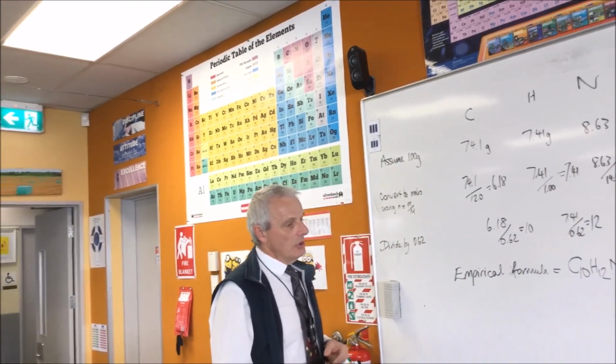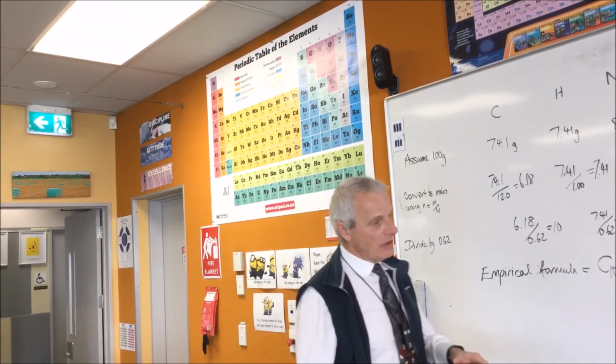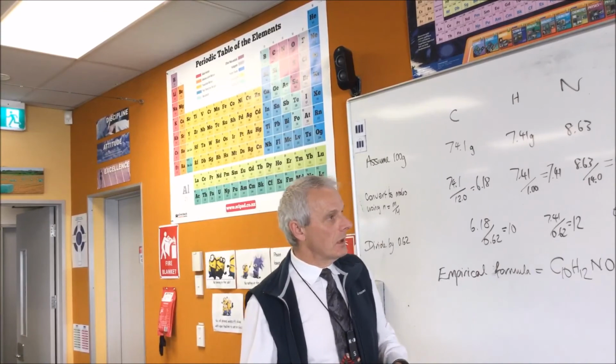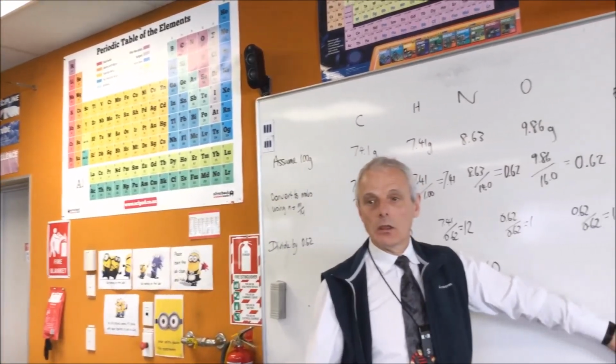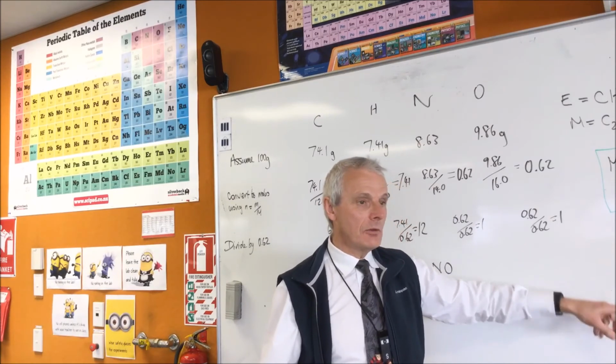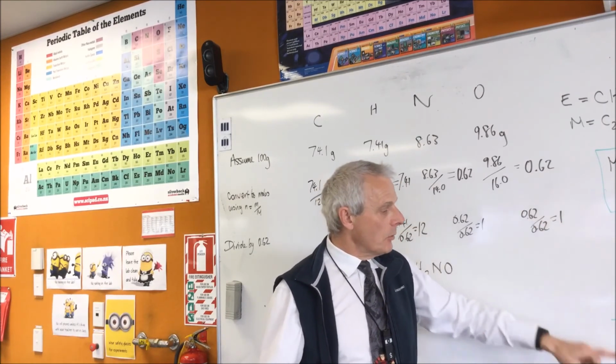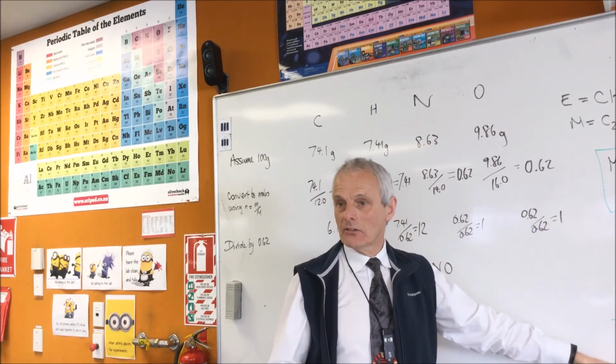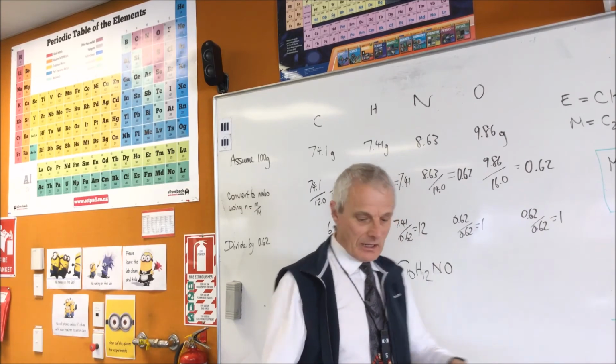Okay. So, what we need to do next to work out the molecular formula is use this formula. But we haven't got all the values yet. We've got the mass of the molecular formula from mass spectrometry, but we haven't got the mass of the empirical formula yet. So we need to work that out.